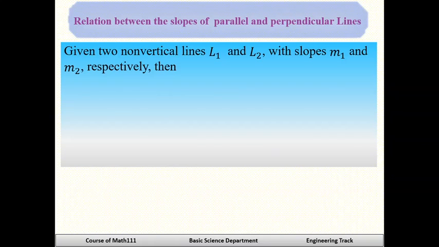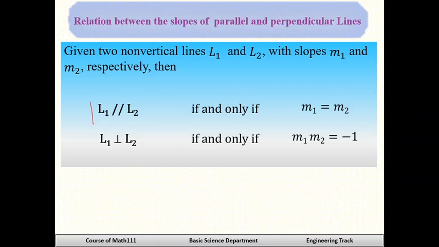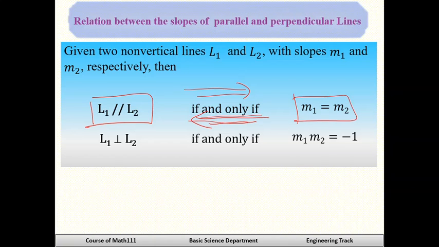So the criteria is this: two lines are parallel if and only if this is true. If and only if means if they are parallel, this is true, and if this is true, then they are parallel. One statement exactly implies the other one.